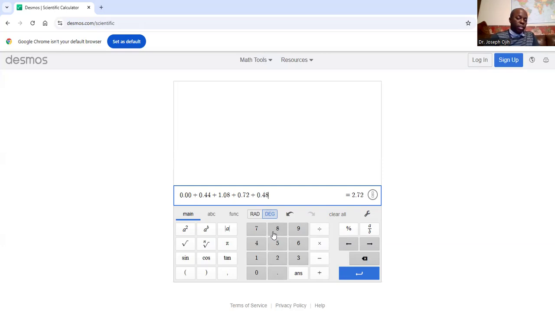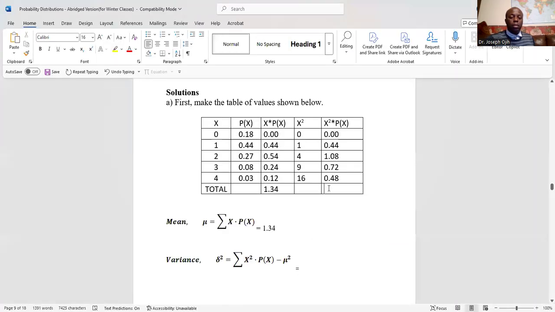I got 2.72. So I'm going to go over there and put it right there. 2.72. Right here.